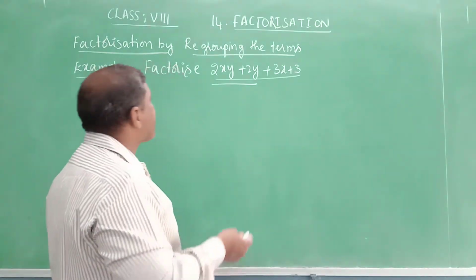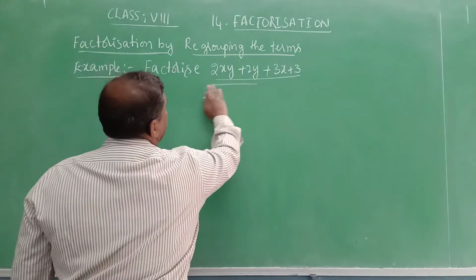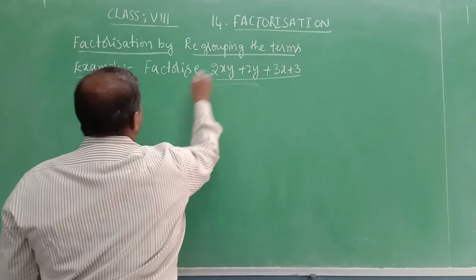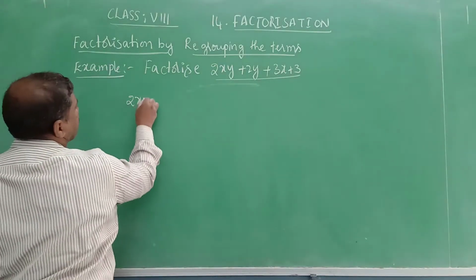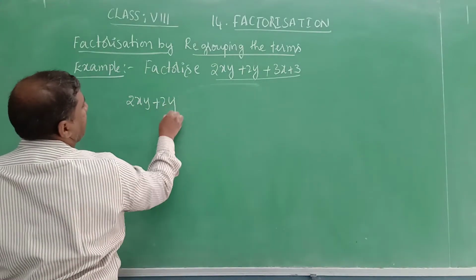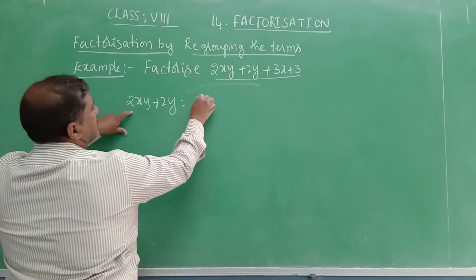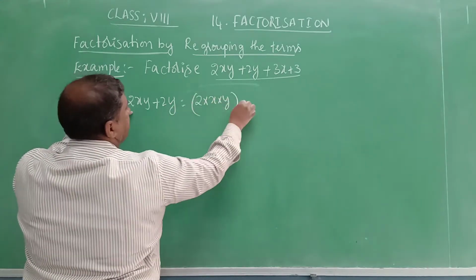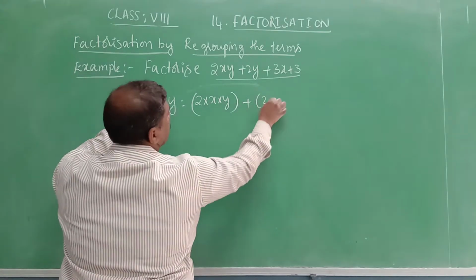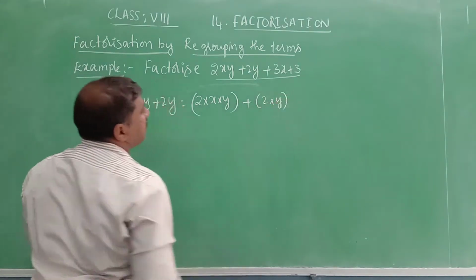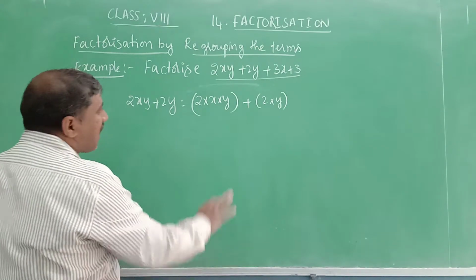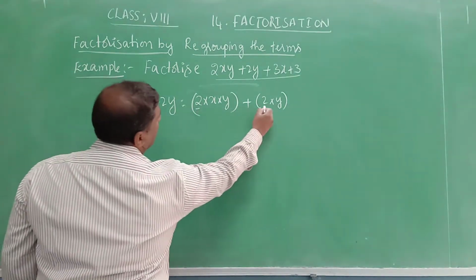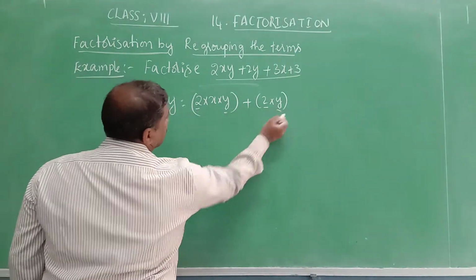Now you see here 2xy plus 2y. So write the factors for 2xy plus 2y. 2xy means 2 into x into y, plus 2y means 2 into y. Now if you observe here, 2 is a common factor and y is also a common factor.